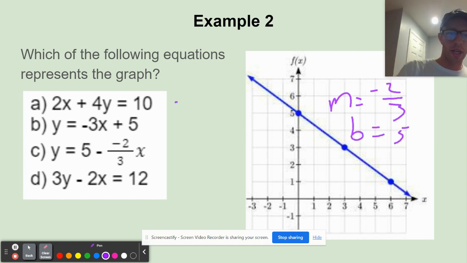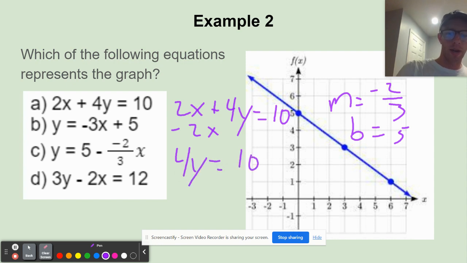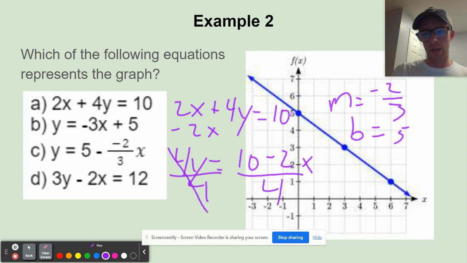Let's check answer choice A. 2x plus 4y equals 10. Subtract 2x from both sides. You get 4y equals 10 minus 2x. Divide each side by 4. Well, these cancel. I can kind of look at this right away. 10 divided by 4, that's a fraction. And so my constant is a fraction here. That's not going to work.